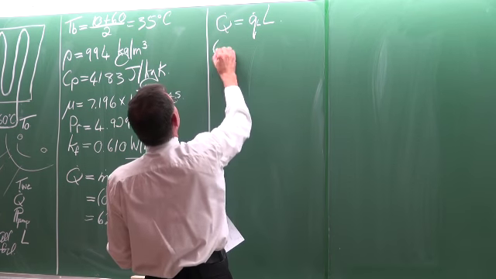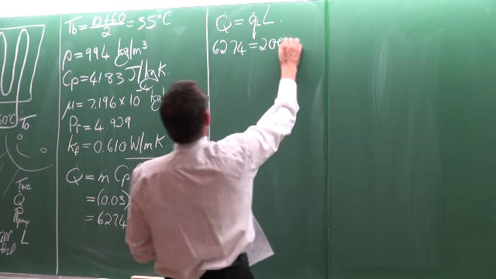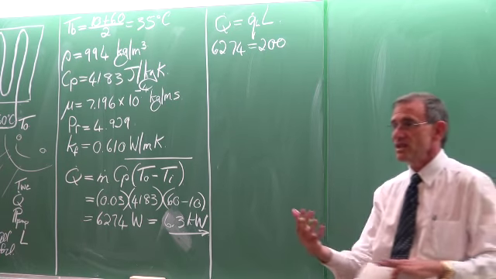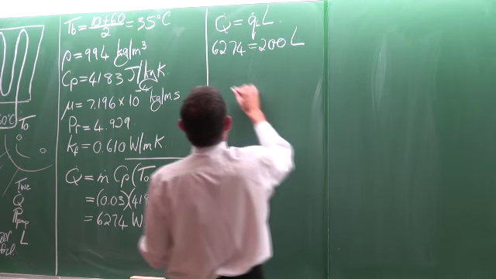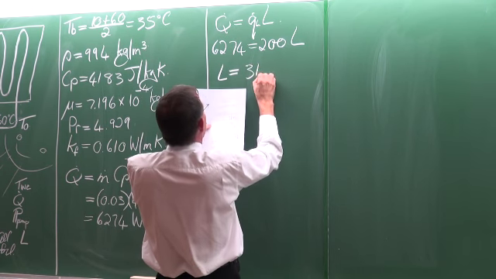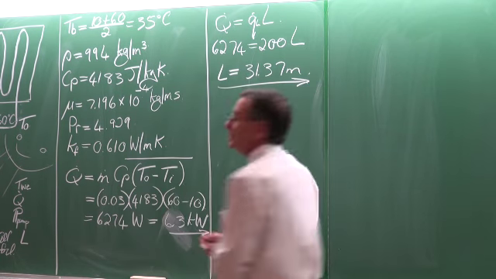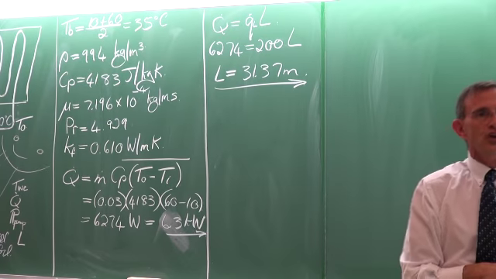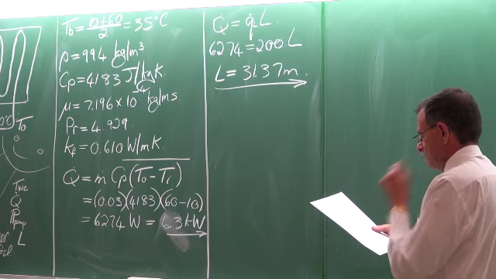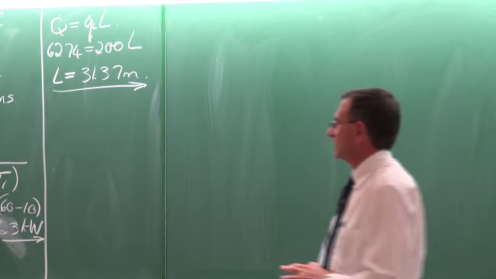And this is equal to 6,274. For every meter of length, we can get 200 watts from the sun, multiplied by L, and the result would be 31.37 meters of tube being needed to do that heating. Does it make sense? Right.